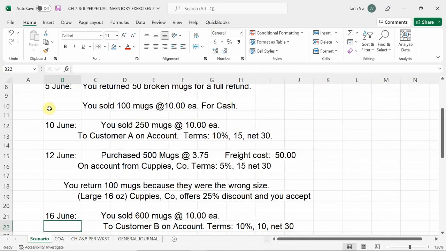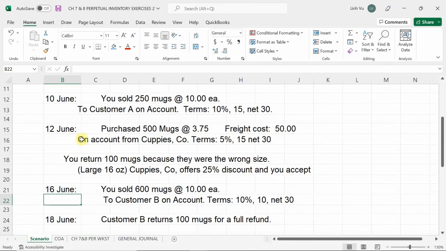Okay. Then the next batch I purchased was on the 12th here. So the 12th, I purchased 500 units, but I end up getting a discount on 100 of those items. Okay. Now, how about here? Did I meet my discount due date? Yes. So 12 days, so 12, and then it's 15 days from now would be the 27th, right?